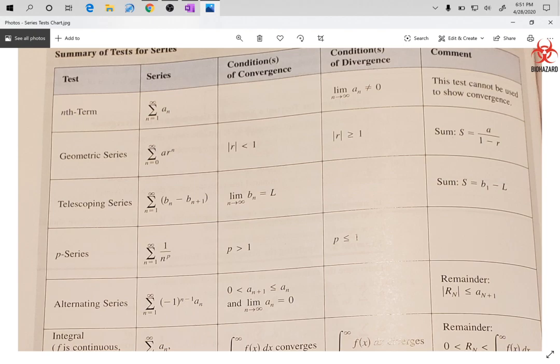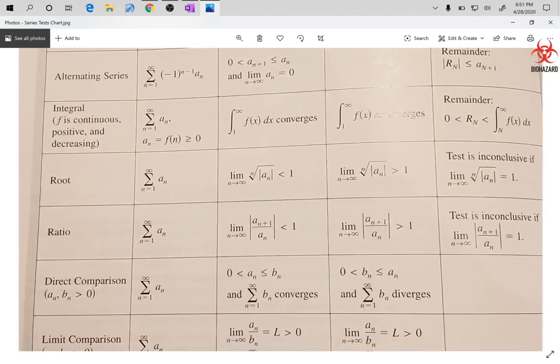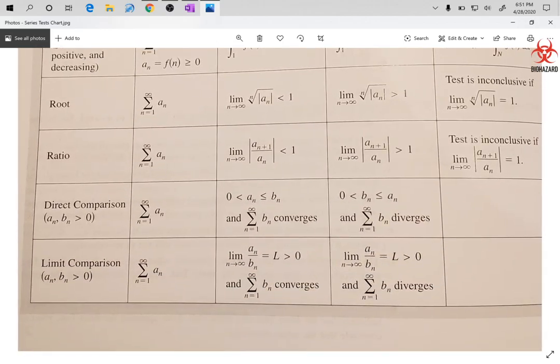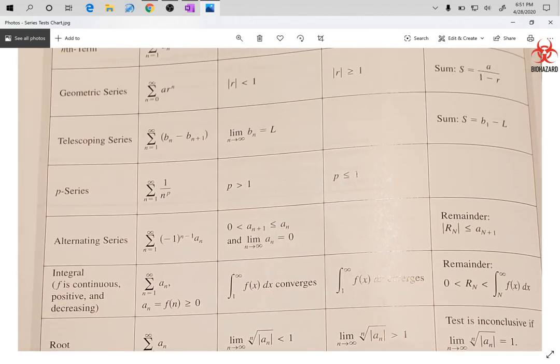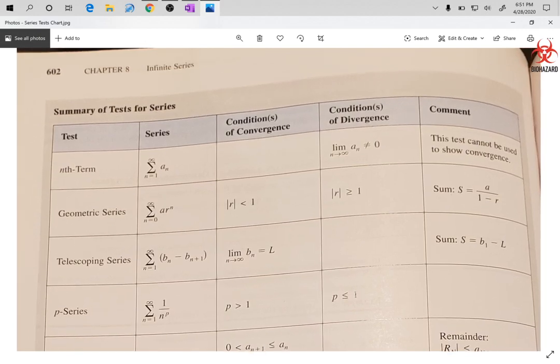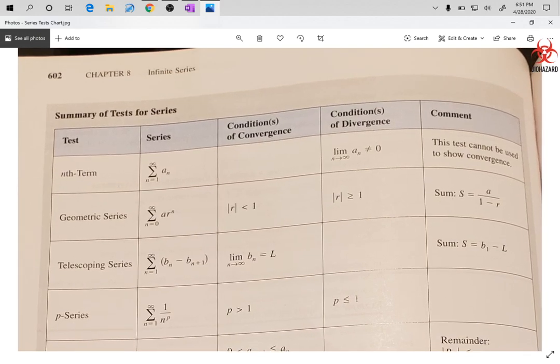Then you have your geometric, telescoping, p-series, and so on, all the way down to the last resort, your direct and limit comparison tests. It shows you exactly the conditions for convergence and divergence. It also, in a comment section, tells you clearly that the only ones you can add up to get the sum are telescoping and geometric, which are both learned in 10.3.